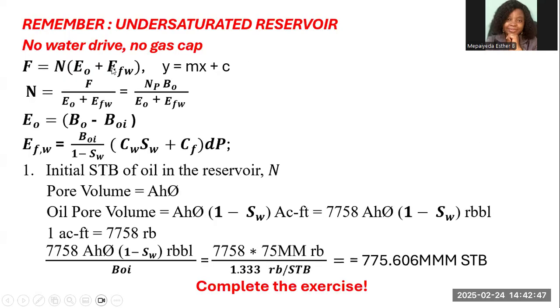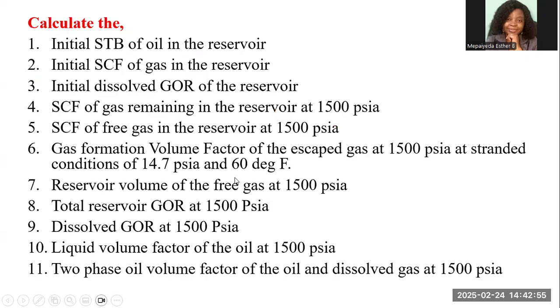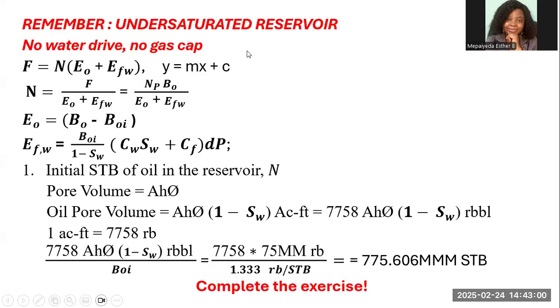Okay, so you have all this. But for you to calculate the initial STB of oil in the reservoir, that's the first question, you use volumetrics. You were given the oil pore volume, which is AH phi (1 minus SW) occupied by the oil.